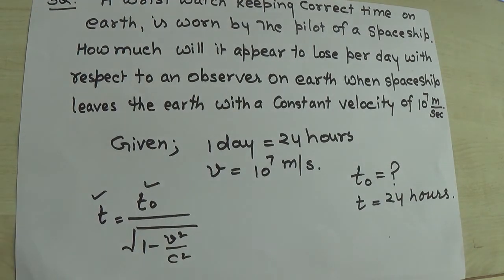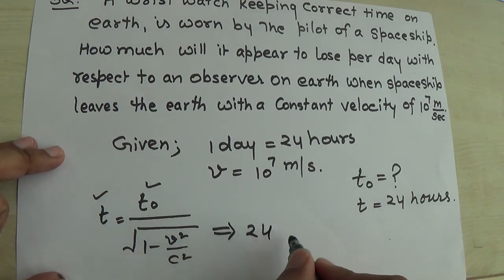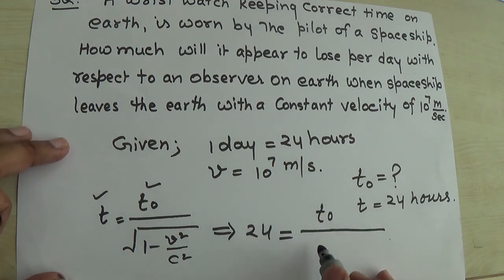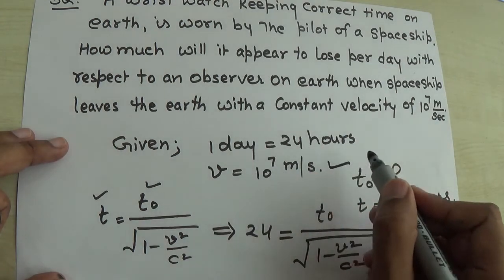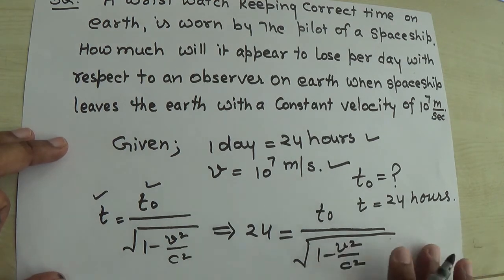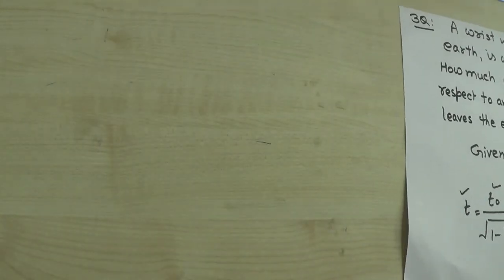So now you can put the values here. T is equal to 24 hours is equal to T naught upon square root of 1 minus V square upon C square, where V is given. I forgot to put the value of V here, so I am using the second page.